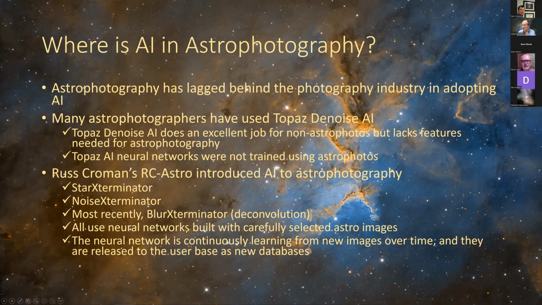All of them use a neural network built upon carefully selected astro images. These were not trained to take somebody else's image and replace data that is missing in your image. And it's continually learning from new images over time, and Russ will release new databases to the user base.